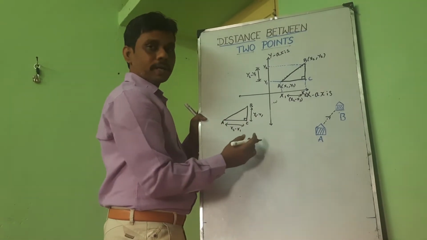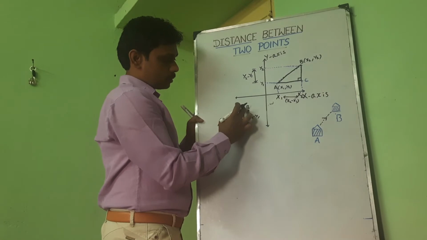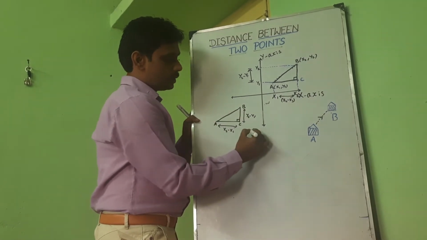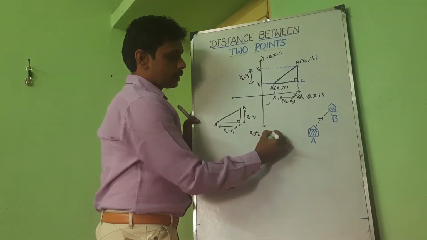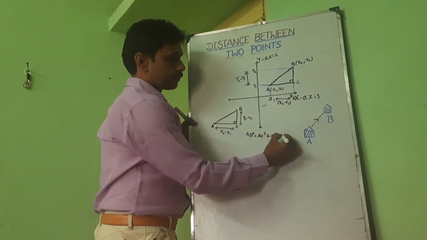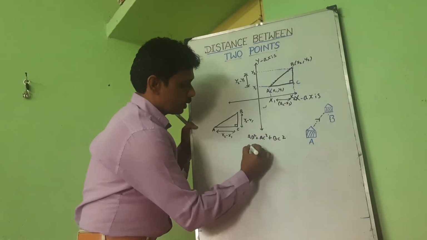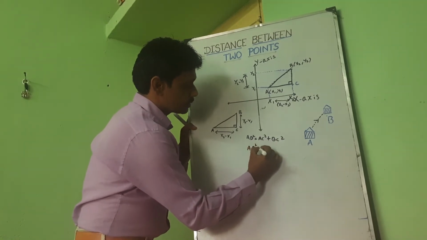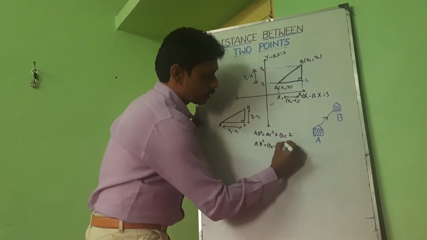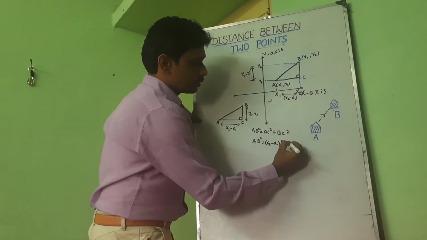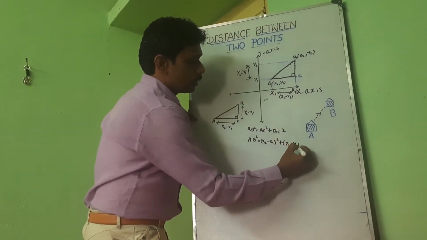And by using the Pythagoras theorem, the length of the hypotenuse, AB square, is nothing but AC square plus BC square. AB square is equal to AC, which is x2 minus x1, whole square, plus BC square, which is y2 minus y1, whole square.